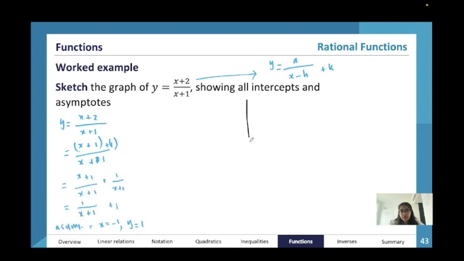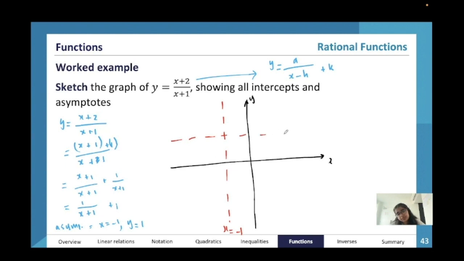So we've got vertical, y-axis, y, we get horizontal, x-axis. Okay, and let's put in our asymptotes straight away. So x equals negative 1, probably around here. So x equals negative 1, y equals 1, yeah, around here. Okay, great. We've got our asymptotes.